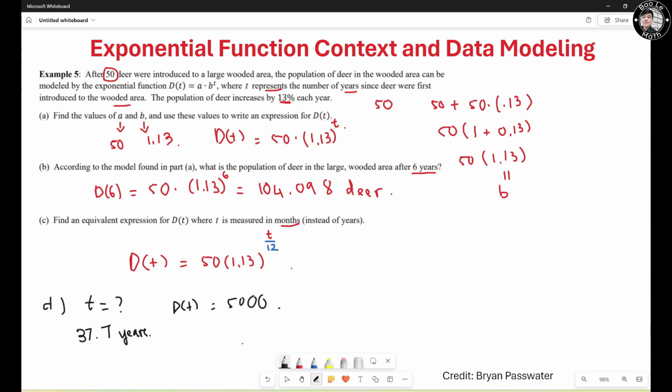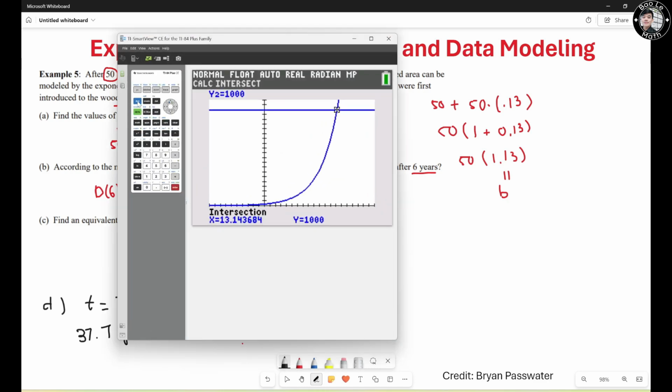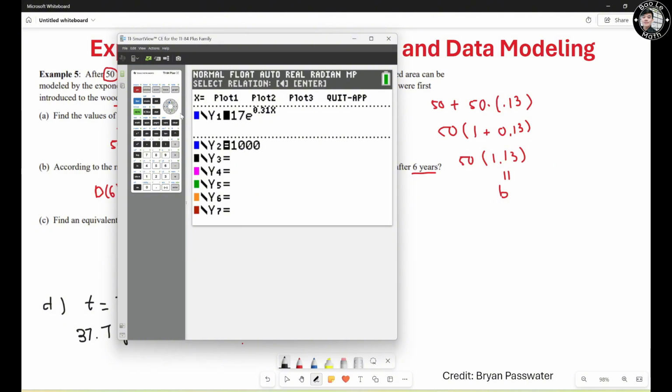And if we use the TI-84 Plus CE calculator, we're going to bring this one up. So we hit Y equals. Now we need to change the function. It should be 50 times 1.13 raised to the S, right?